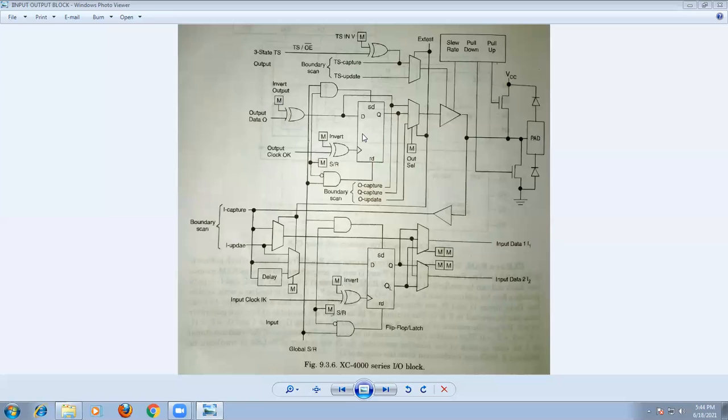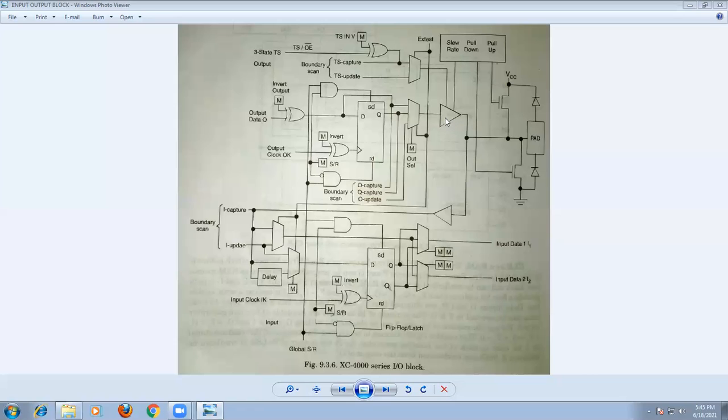So either the direct output signal or the output of the flip-flop must be passed to the buffer stage through the multiplexer. Depending upon this output selection line, we can select whether it is a stored signal or a direct signal. That is the main thing in this case.